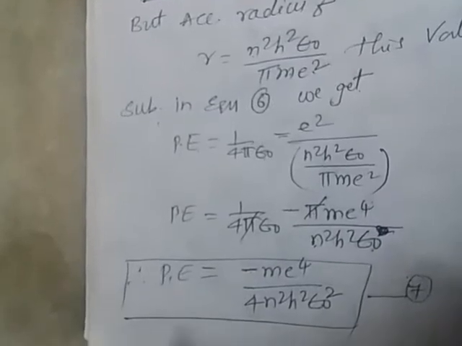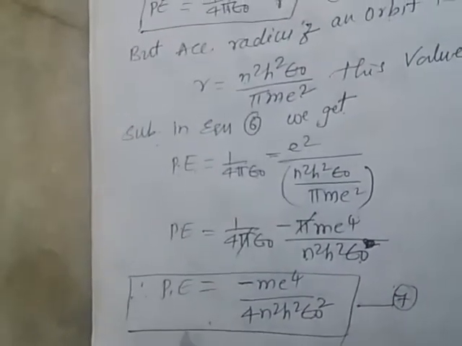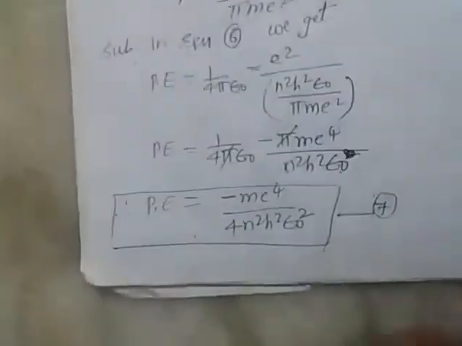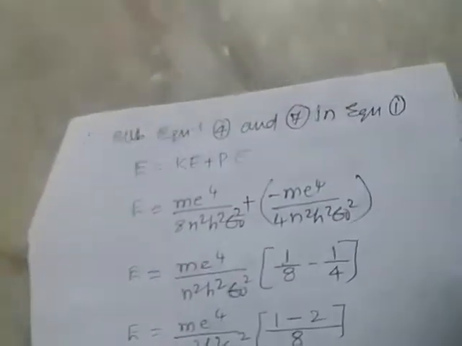In this way we have determined the potential energy and kinetic energy of an electron revolving around the nucleus in a circular path. Now that both the kinetic energy and potential energy are determined, substitute equations 4 and 7 in equation 1.